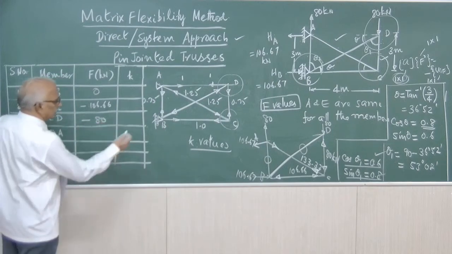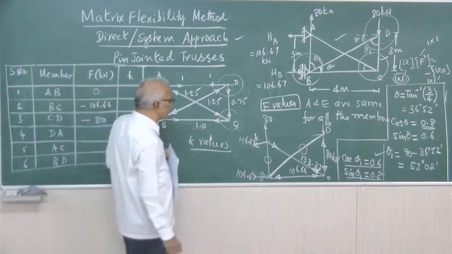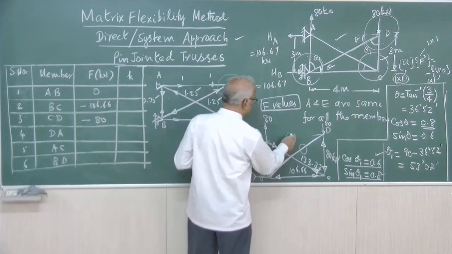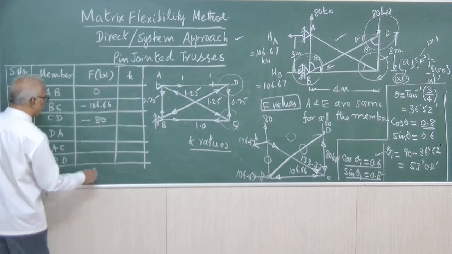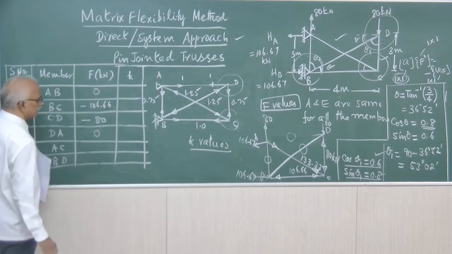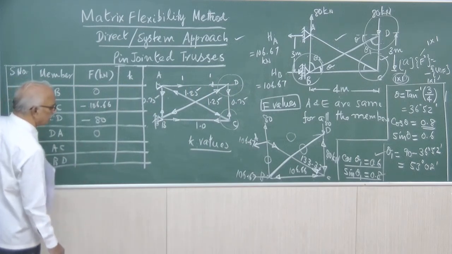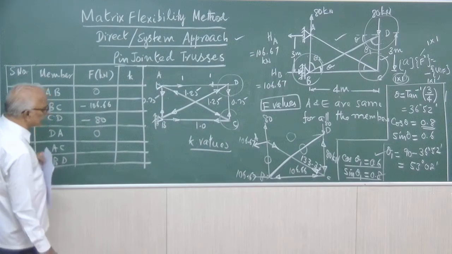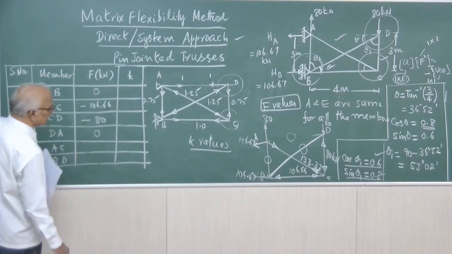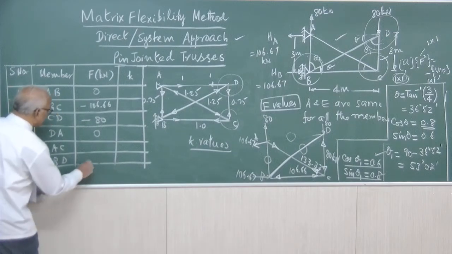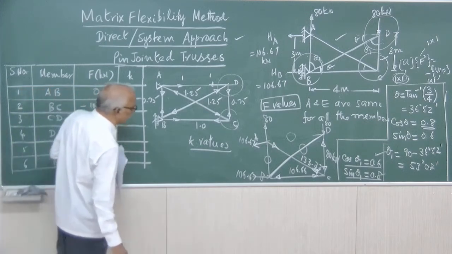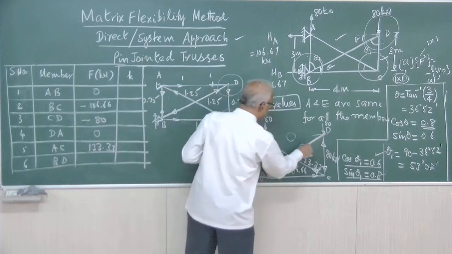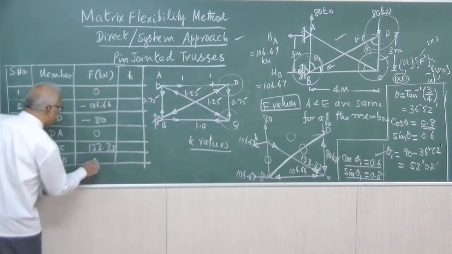The other member DA we have removed, because we have treated AD as the redundant, so F is 0. The diagonal member AC is under tension, 133.33. Then coming to BD, it is 0.